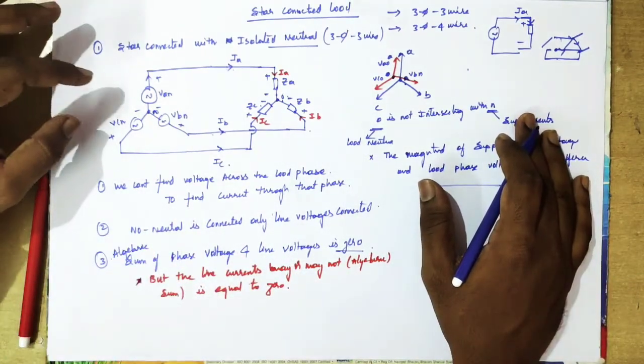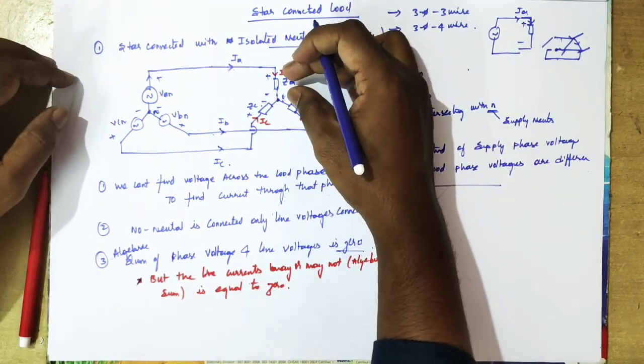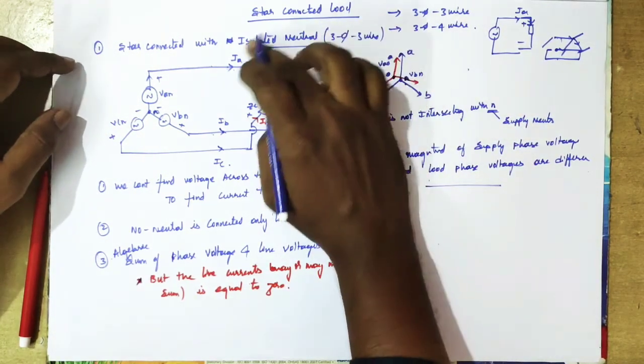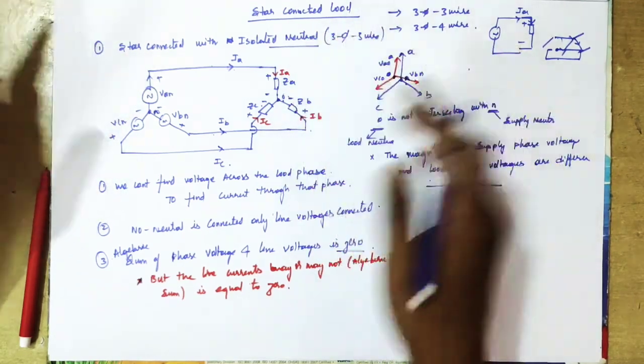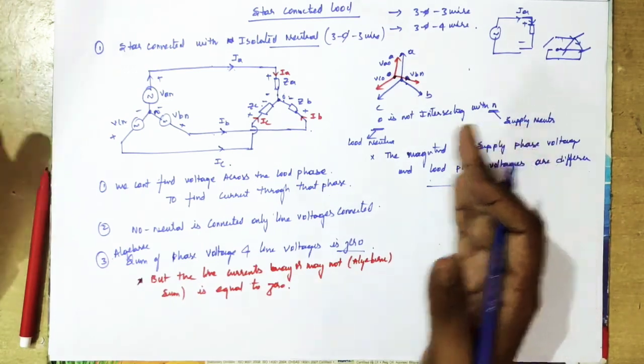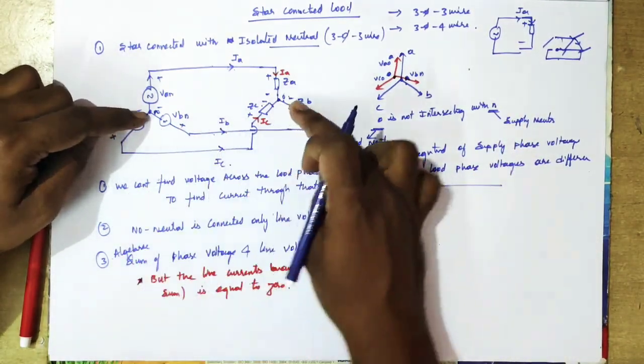What we observed is that we can't find the voltage across this phase to find the current I. We will do that in the next subtopic. And again, no neutral is connected.